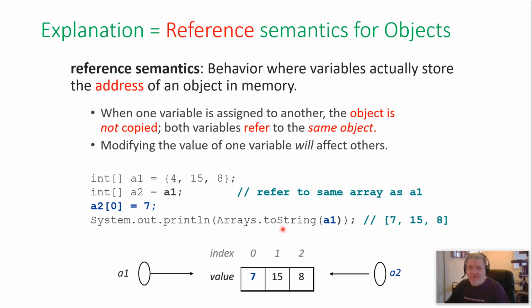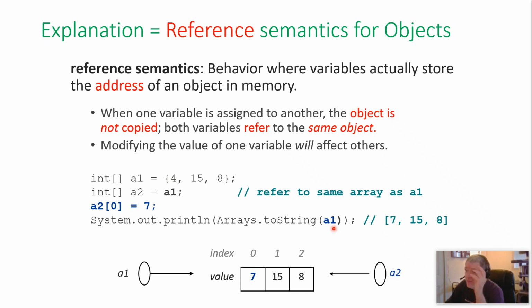So I call the static method toString from the class Arrays, and I give it as parameter a reference variable that refers to an array of a primitive data type. It returns a string that I then pass to System.out.println, and that string is used to display the content of the array.